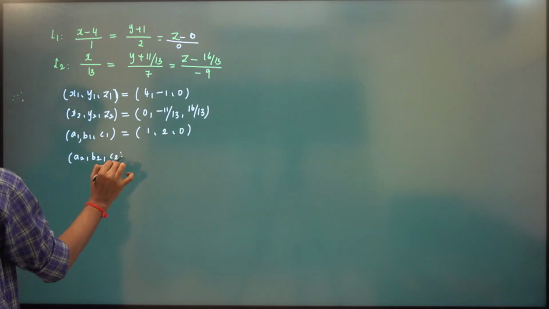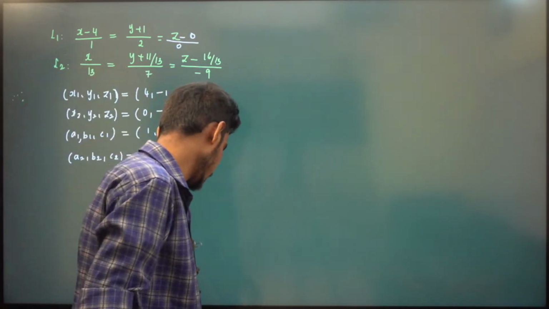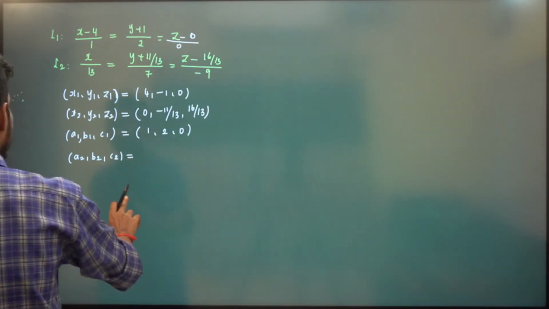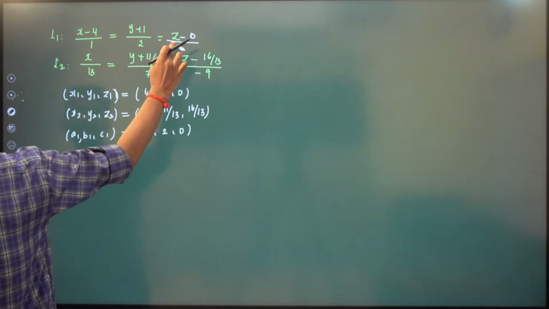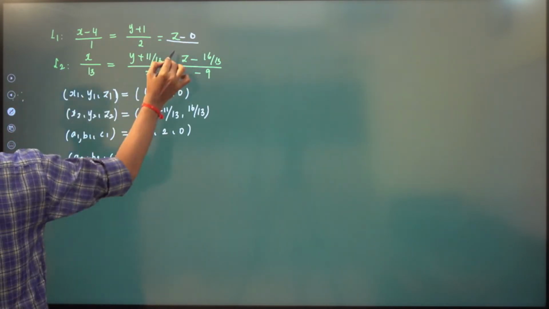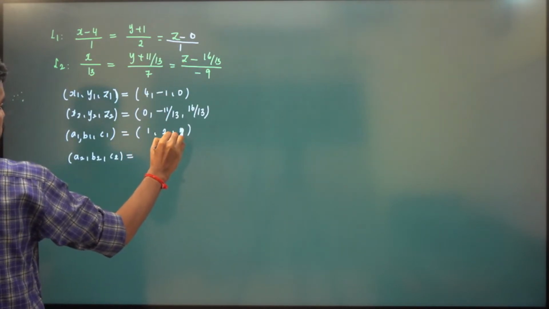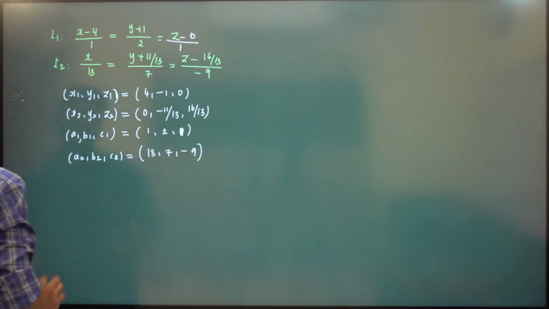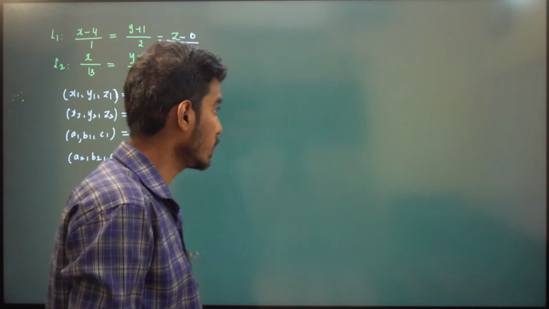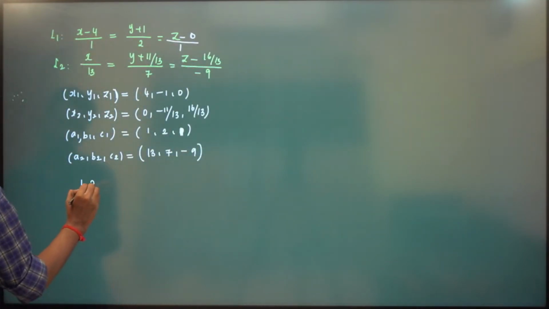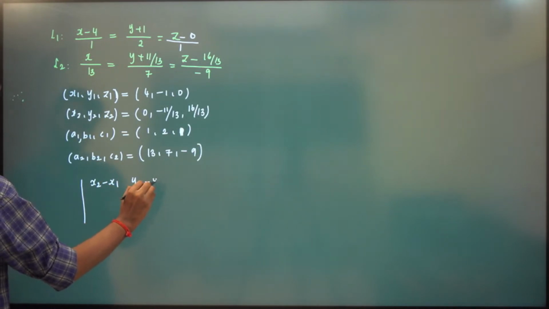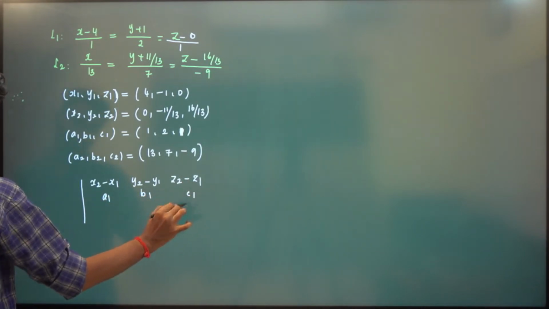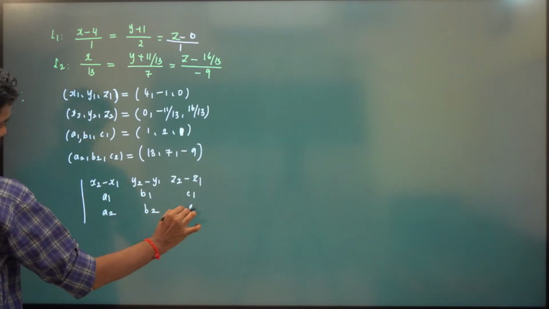Now to find the condition of coplanarity, you need to expand the determinant of x2 minus x1, y2 minus y1, z2 minus z1, a1, b1, c1, a2, b2, c2.